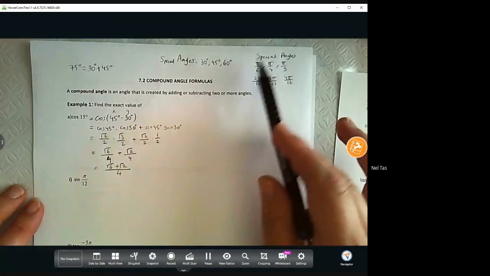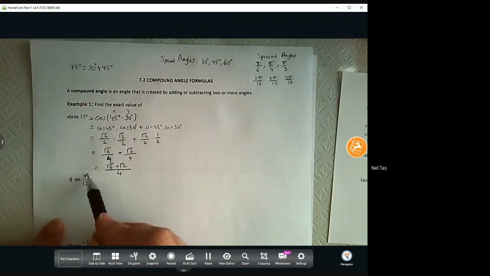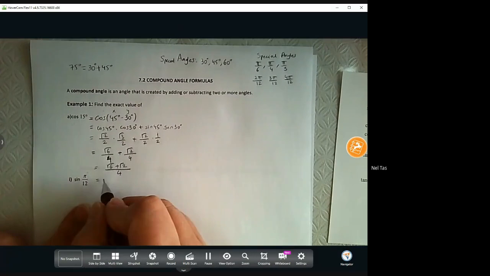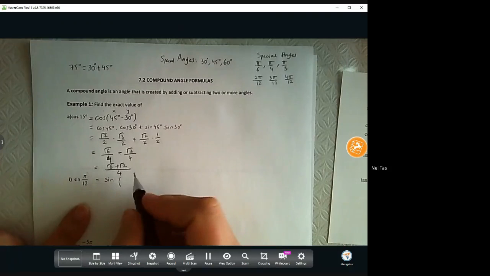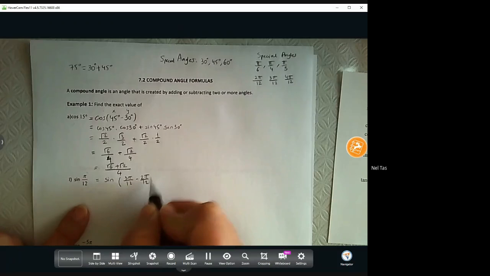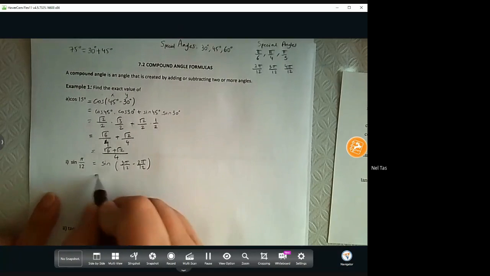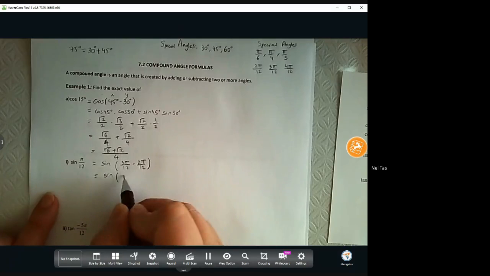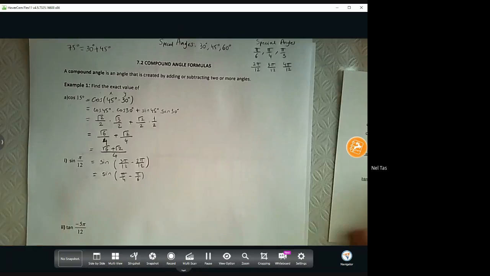If you do this, it's much easier to see what two angles you should use to get the given angle. For example, this is going to be 3 pi over 12 minus 2 pi over 12, which is the same as pi over 4 minus pi over 6.